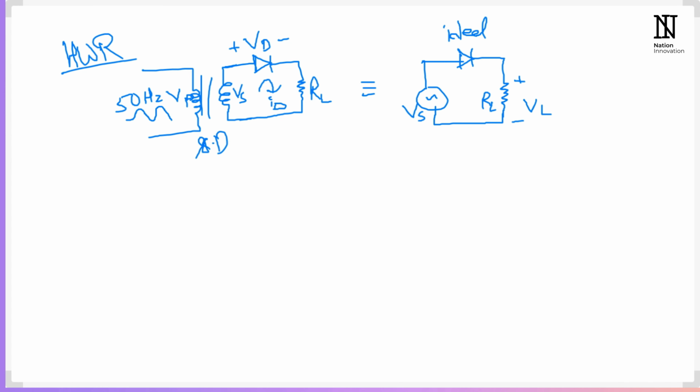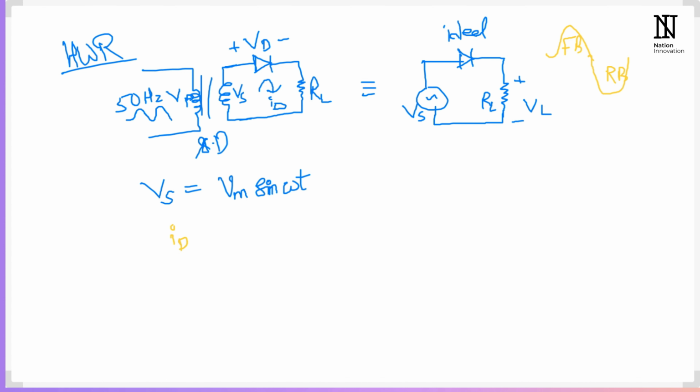If we represent Vs as a simple sinusoidal wave with magnitude Vm and frequency f, it can be written as Vs equals Vm sin omega t. For the positive cycle, the diode will be forward biased, and for the negative cycle, the diode will be reverse biased.